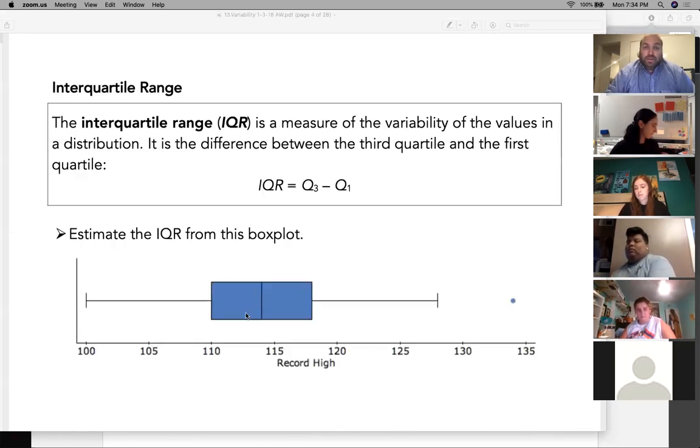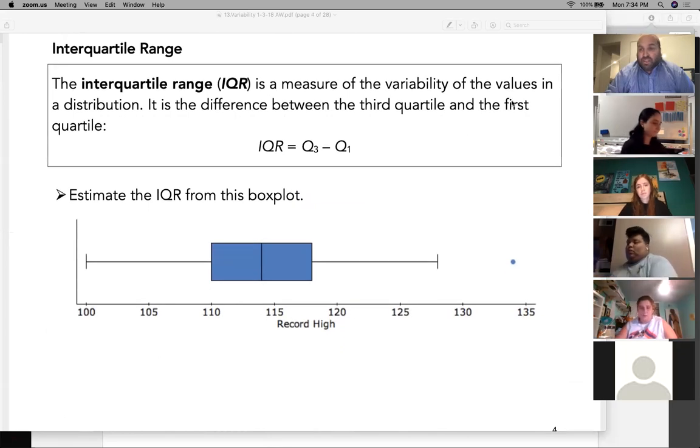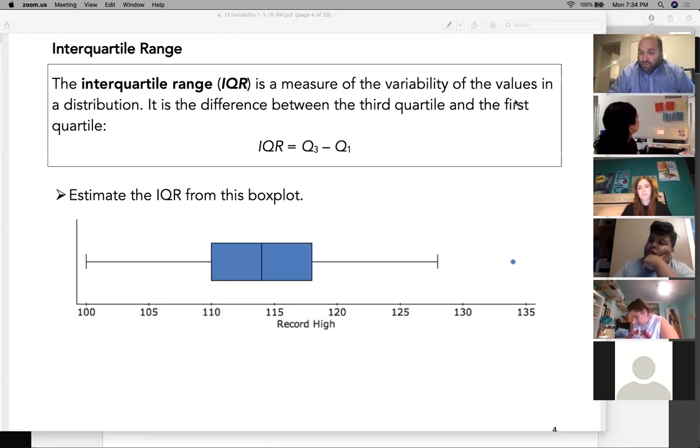Okay. So now we have the IQR, the interquartile range. The interquartile range is much better. It's a measure of variability, but it doesn't go to the max and the min. It uses Q3 and Q1, which we defined either last class or the one prior to that. Q3 is the right edge of the box, and Q1 is the left edge of the box. We have min, Q1, median, Q3, non-outlier max, and then max.